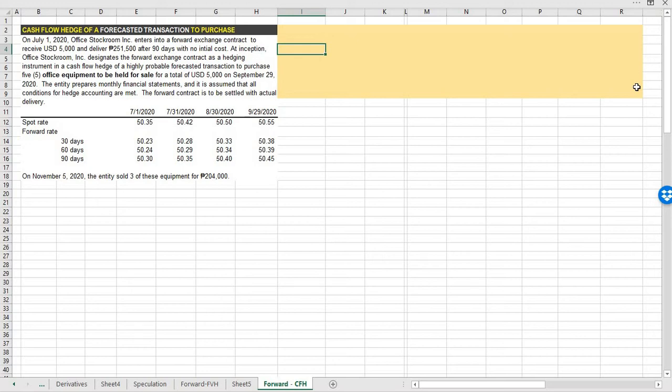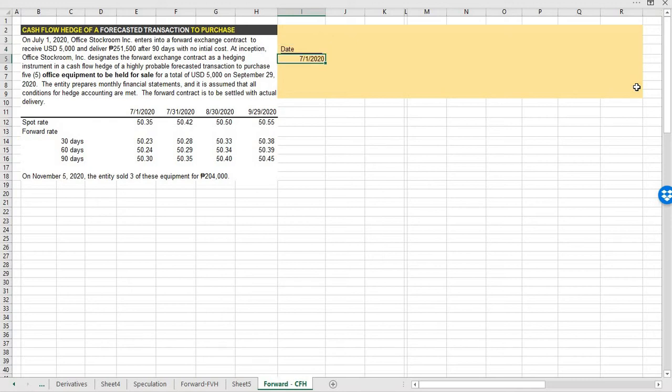So, ibig sabihin, simula July 1, 2020 until September 29, 2020, wala tayong journal entries related to the forecasted transaction. So, ang tanging meron lang tayong journal entry is for the hedging instrument, the forward contract. So, let's start. So, ang umpisa natin syempre is the date of inception, which is July 1, 2020.